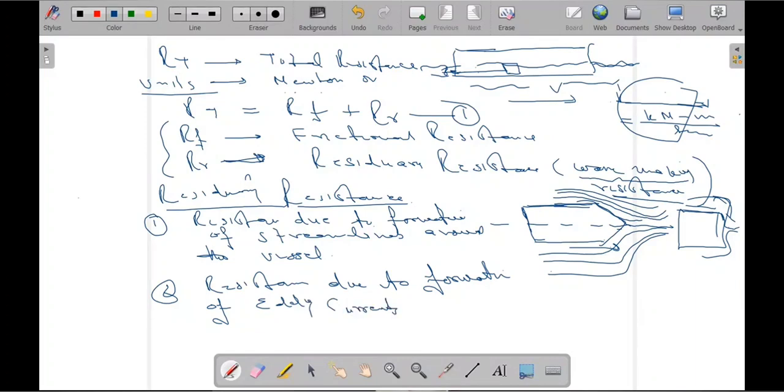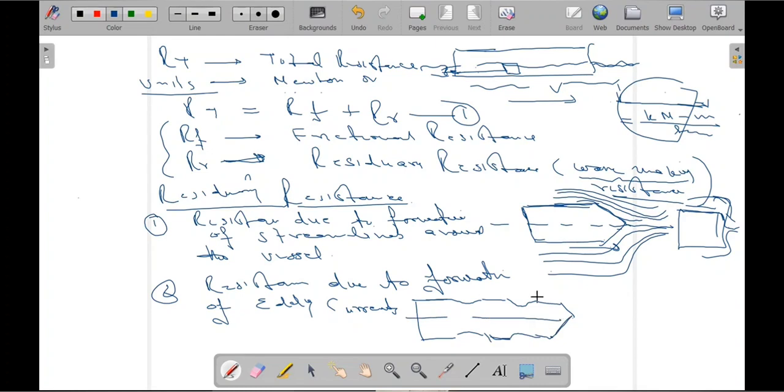Now, eddy currents: we are looking at the cross section of the vessel from forward to aft, correct? Anywhere, if there is a change of cross section, again I would say I'm not drawing the shape of the vessel, but just to represent lengthwise, anywhere you have a change in cross section, for example a cross section change like this and another place like this. So these are local, at a particular point.